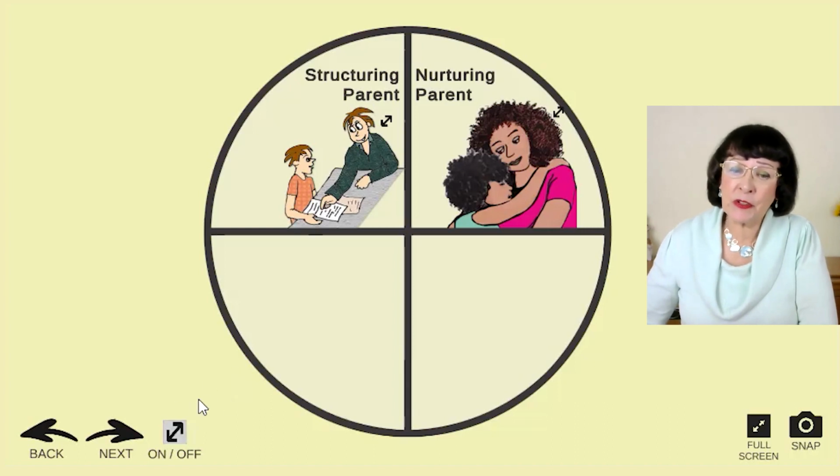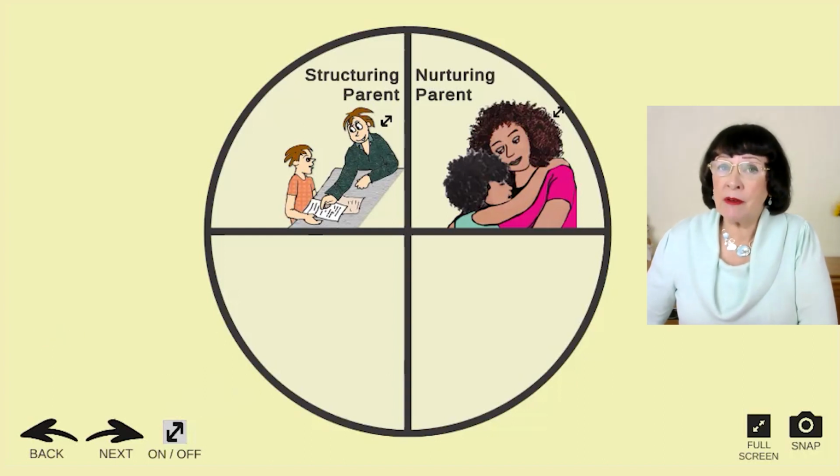And the nurturing parent also enables us to forgive ourselves. And it's the combination of those two that create a safe place for us. And this is the basis of secure attachment and good mental health. Those are two of the parent aspects.